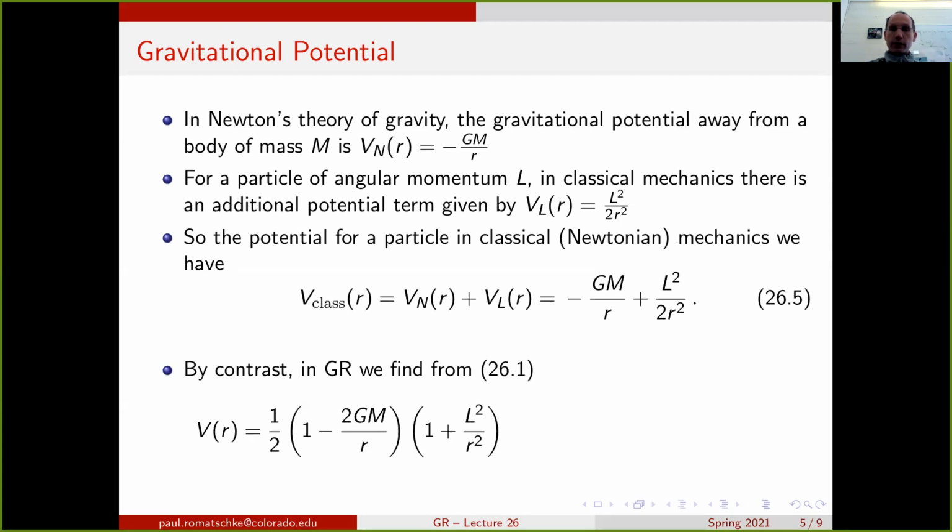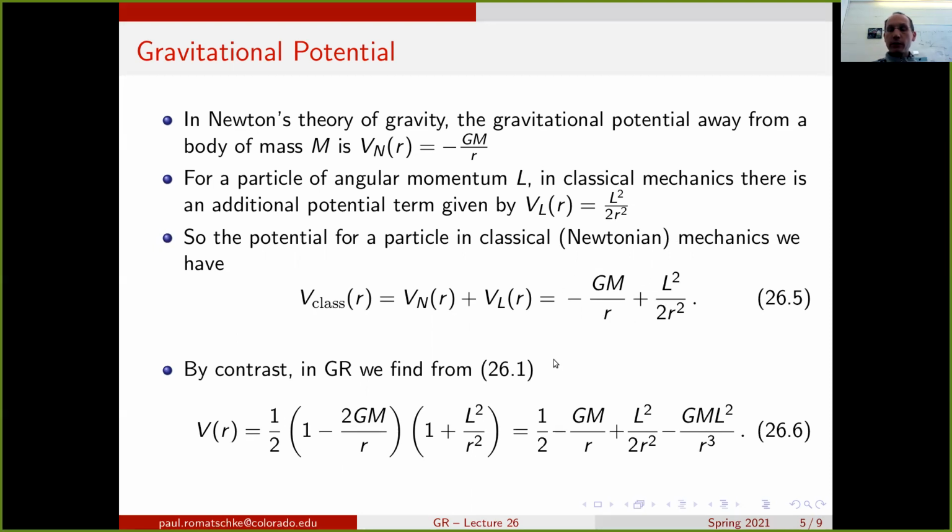We can now contrast this to the potential that is given by the equations that come from GR. This is this combination here, which was 1/2 the Schwarzschild factor 1 minus 2GM over r times the term 1 plus L squared over r squared that came from the conservation of the Killing vectors. If we expand this expression and write it in a way similar to the classical potential in Newtonian gravity, we find that indeed there are some terms that agree very nicely.